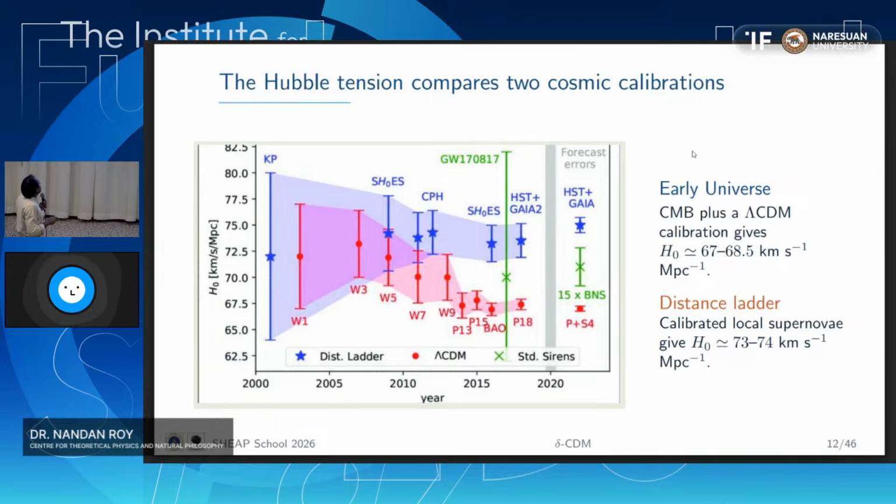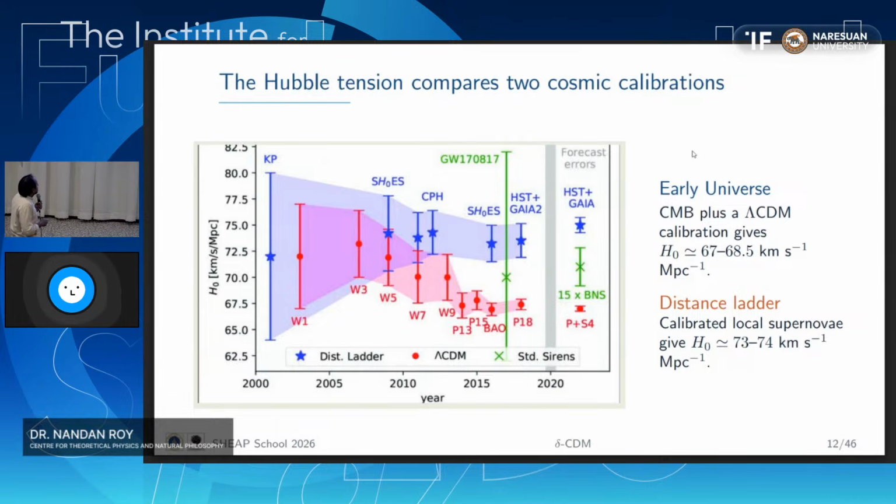What we find is that these two values differ by, I think now, 5 point something sigma. The early universe probes like the CMB give 67 to 68, and distance ladders like local supernovae and other observations give 73 to 74. So now these results are more than 5 sigma apart from each other.